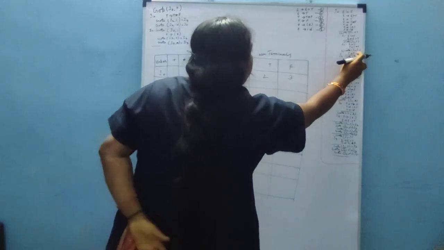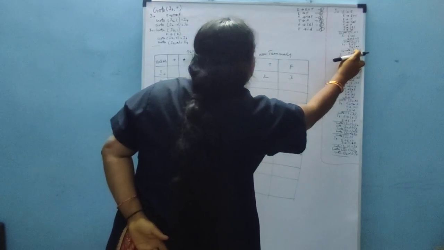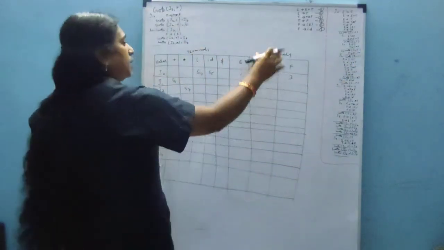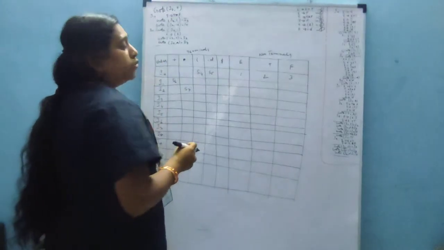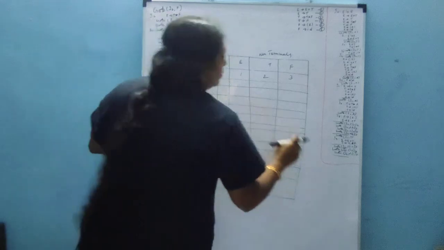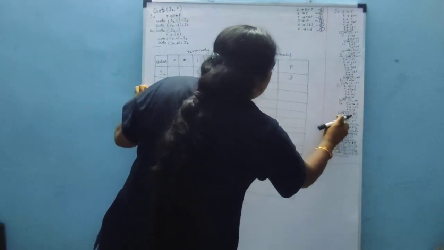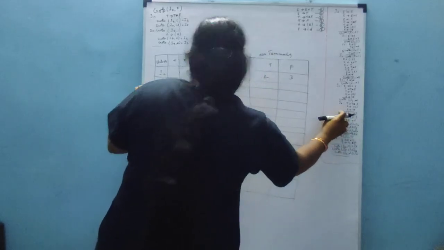Where the dot comes at the end, we have to use the reduce statement. First I fill in all the shift statements, then we will discuss the reduce part.